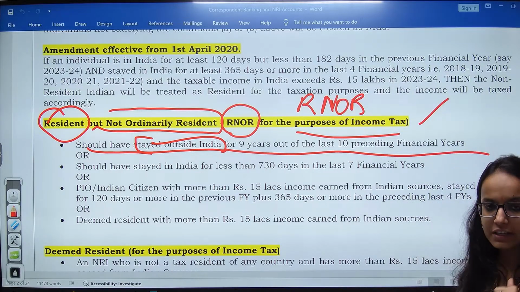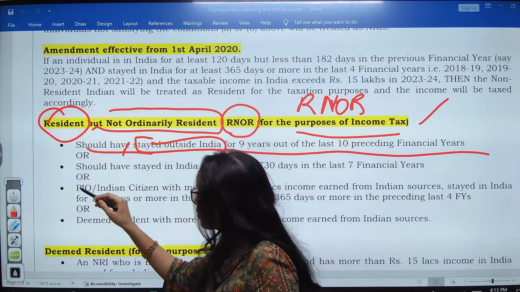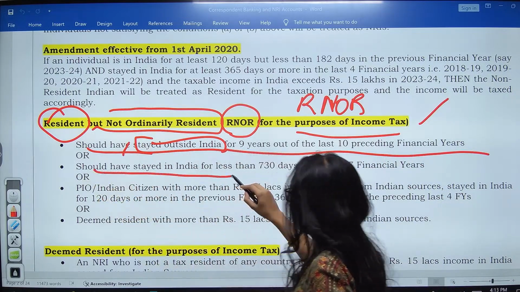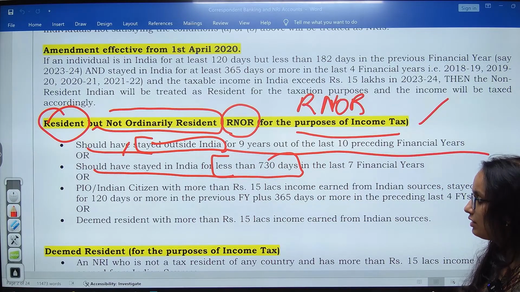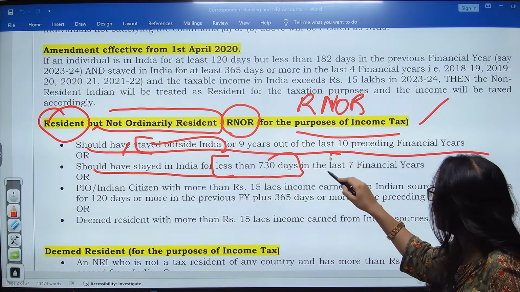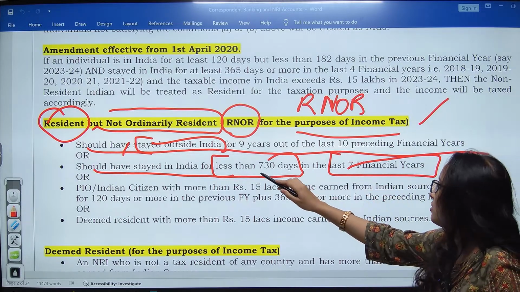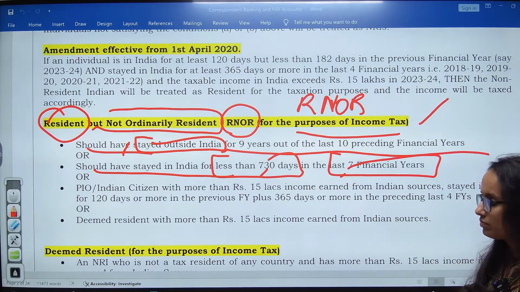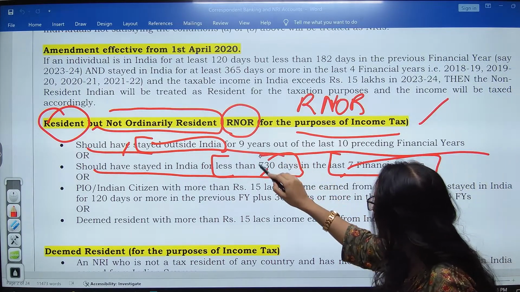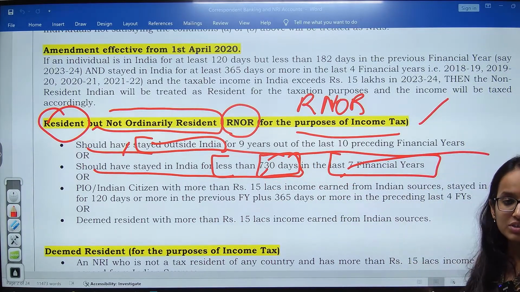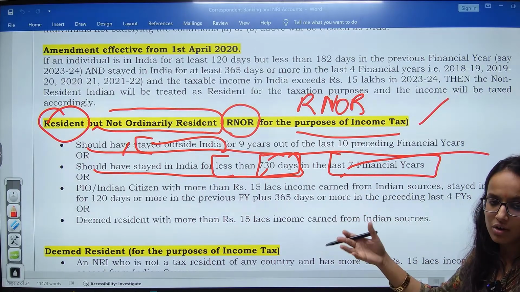Are you getting this point? Or, either this, or you should have stayed in India for less than 730 days in the last 7 financial years. Easy to remember, you can remember the 7 and 7 figure like this. Then you can be classified as resident but not ordinarily resident.